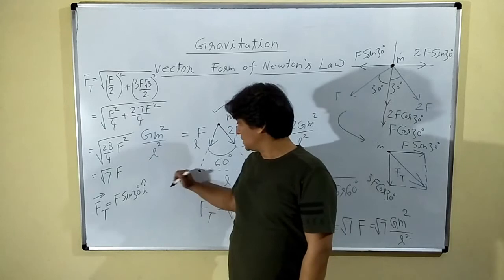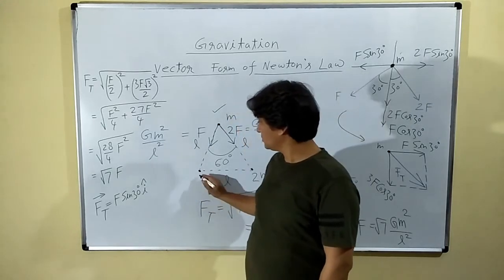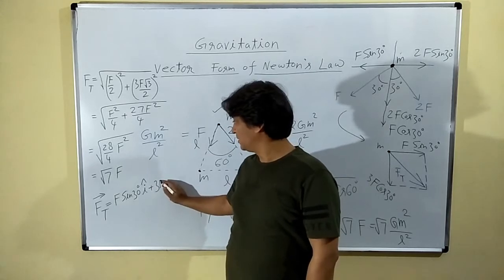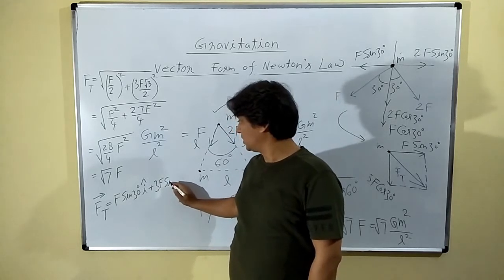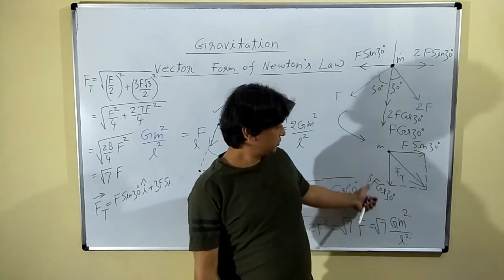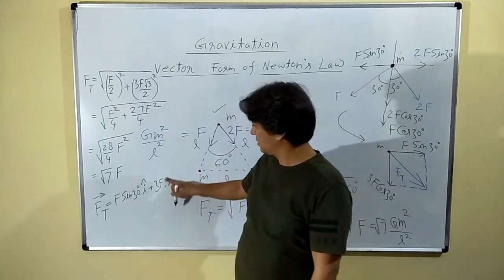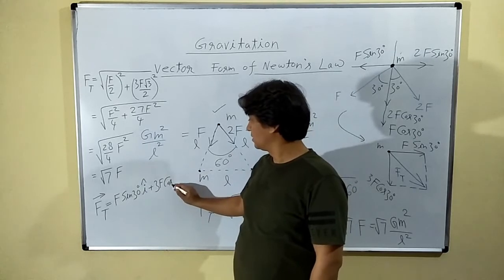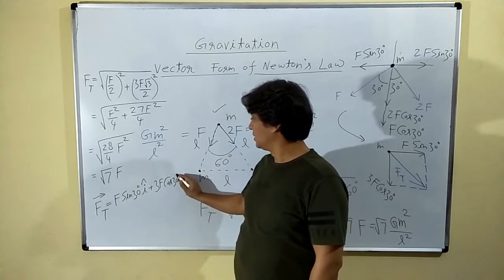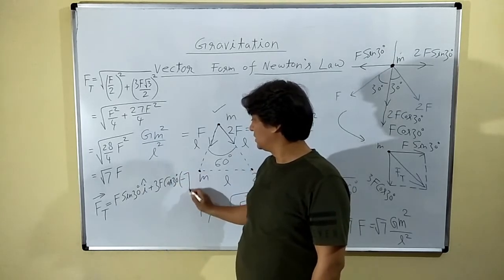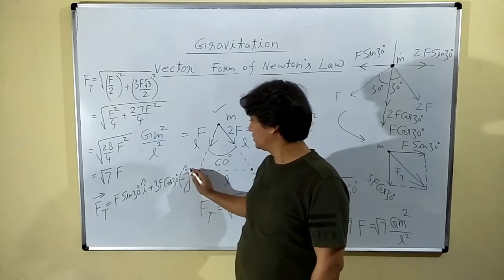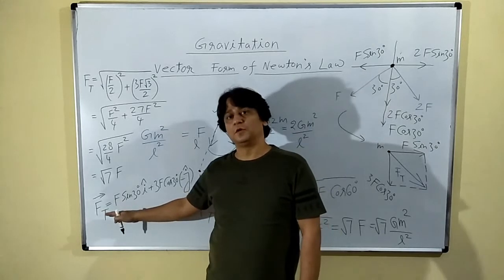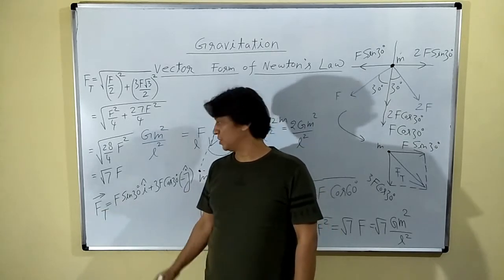Downward means किस तरफ? Minus of j cap. That's your vector form of the total force.